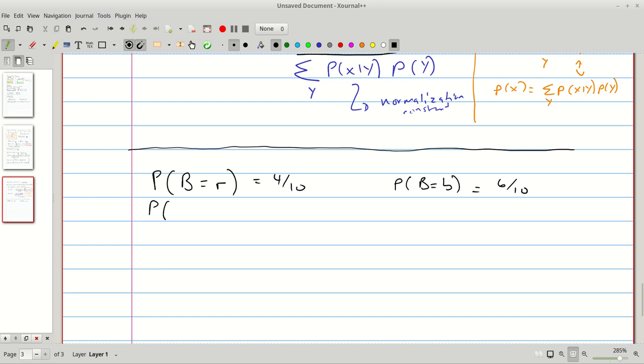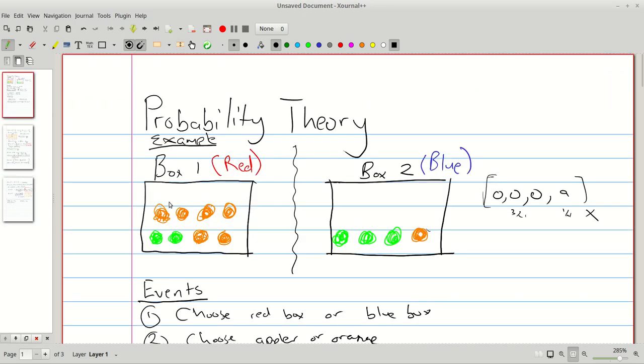What's the probability that the fruit is an apple given that the box is red? Looking at the table, given that the box is red, the probability that the fruit is an apple is 2 over 8, which is 1 over 4.